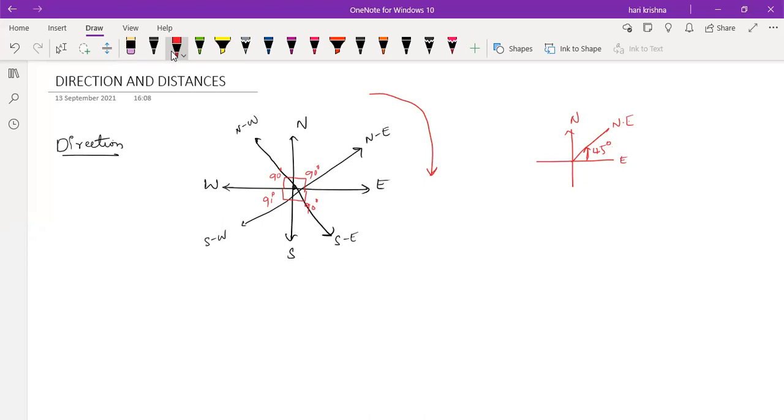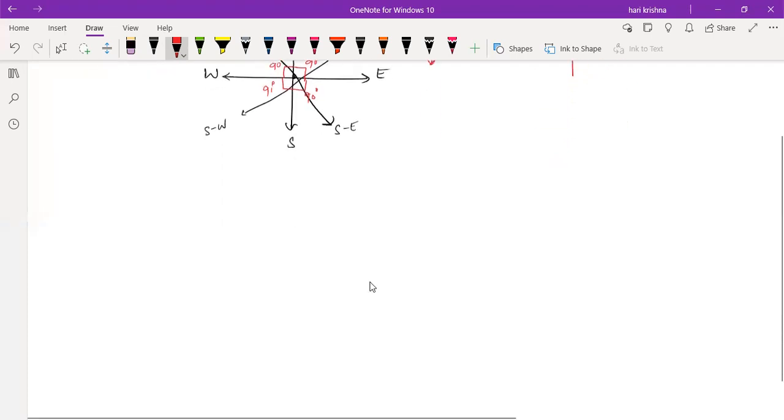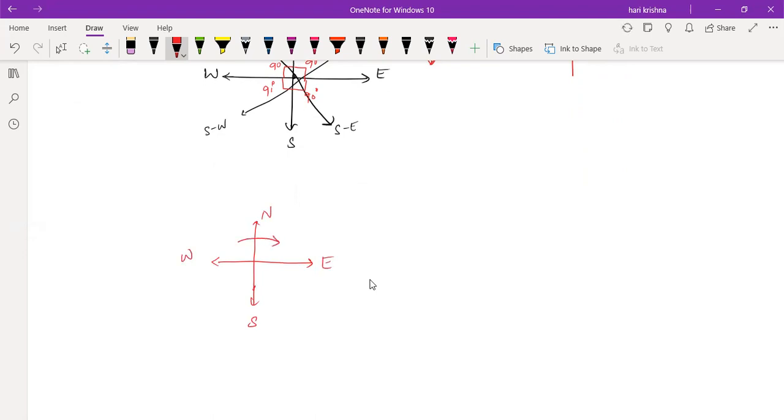Anti-clockwise is the left turn. Or you can draw one more chart here. North, south, east, west. So coming to this, that is a right. This is left. Same. Right, left.